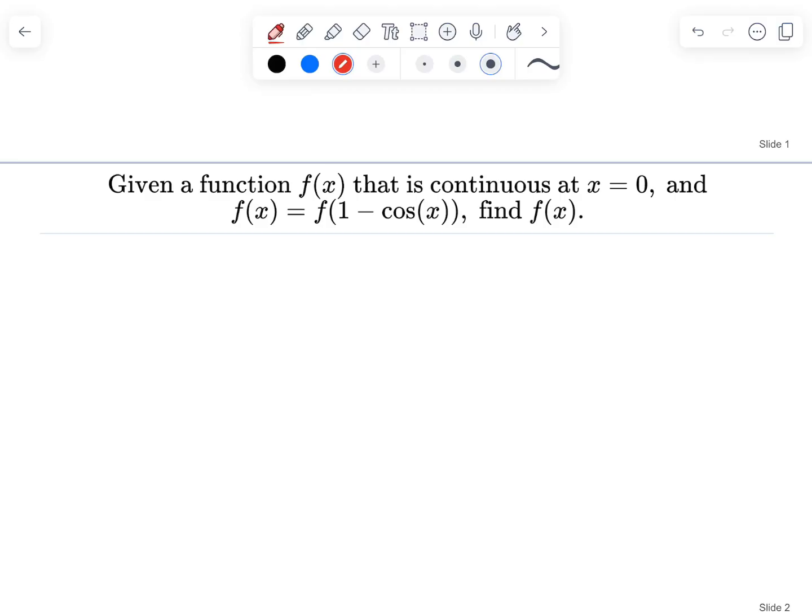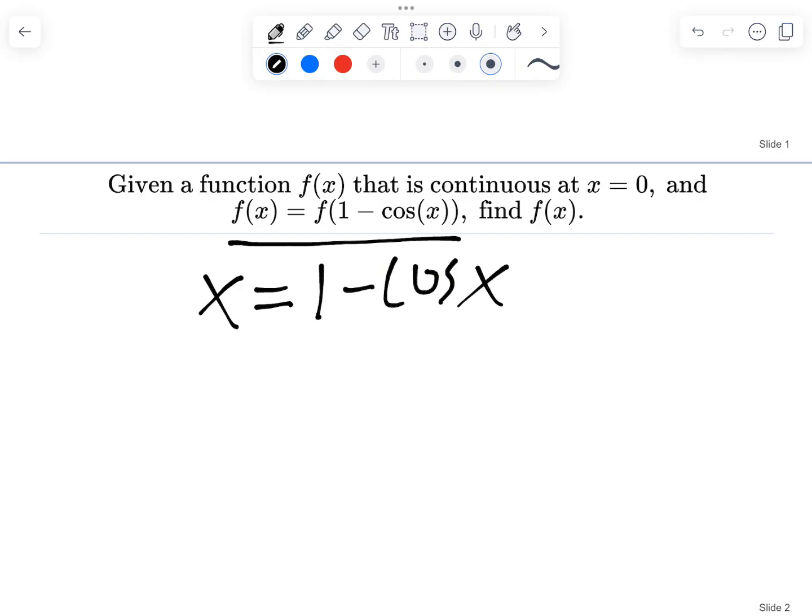So if we take a look at the question above, we can see that the question itself satisfies f(x) equals f(1 minus cosine x).